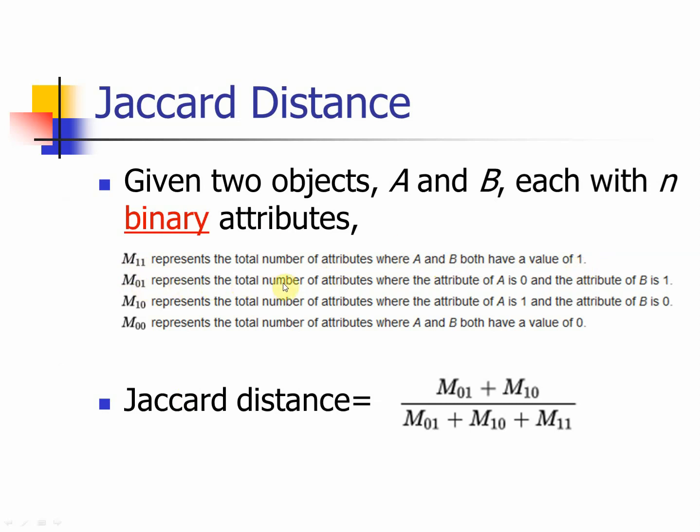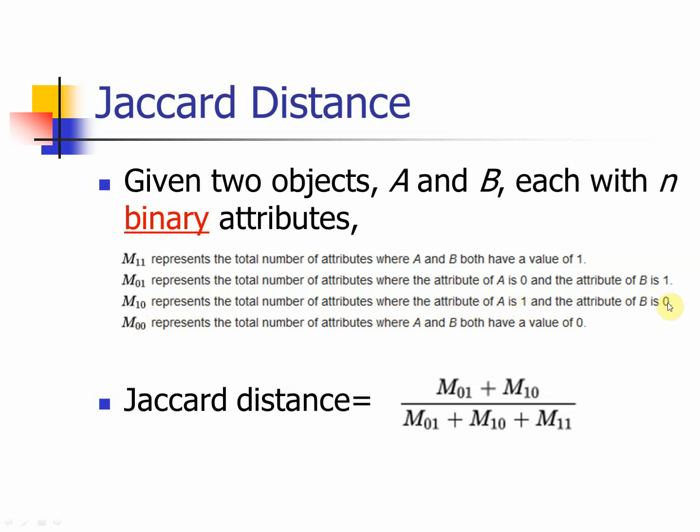M01 represents the total number of attributes where the attribute of A is 0 and the other attribute is 1. So you can see that we use 01 to represent it. I found this probably even easier to understand. M10 represents the number of attributes where the attribute of A is 1 and the attribute of B is 0.